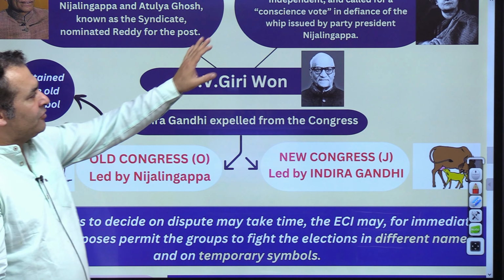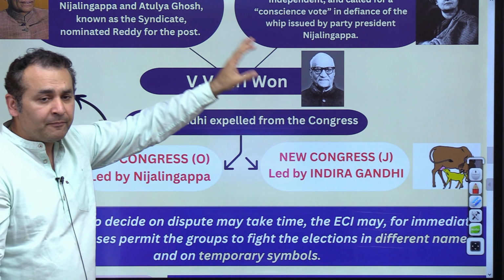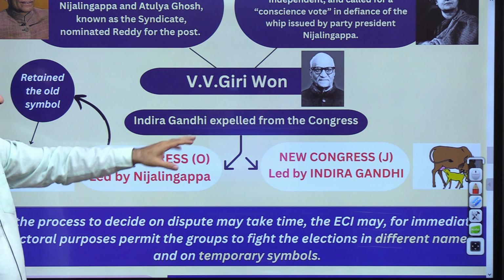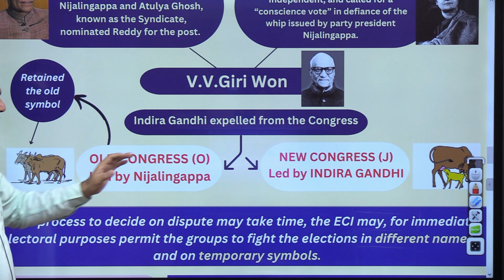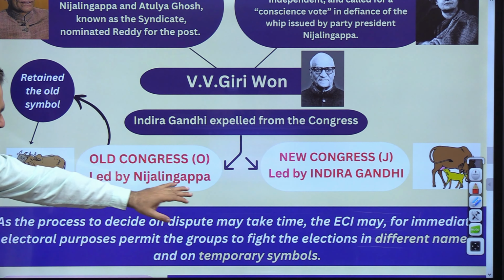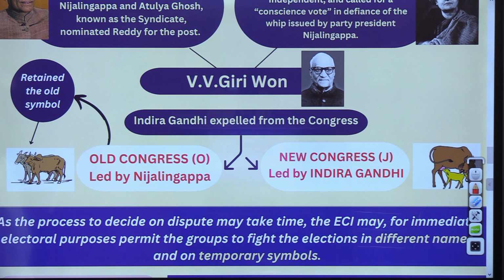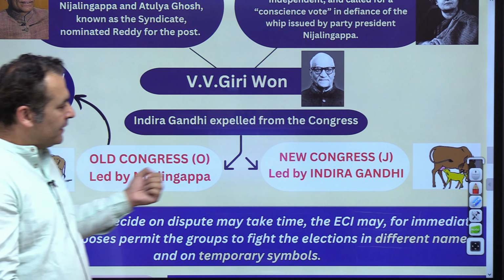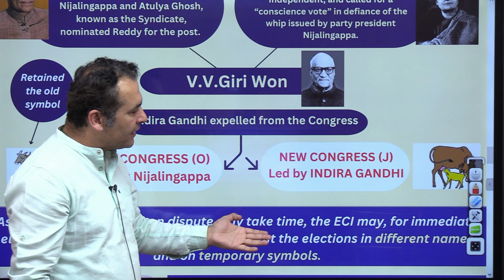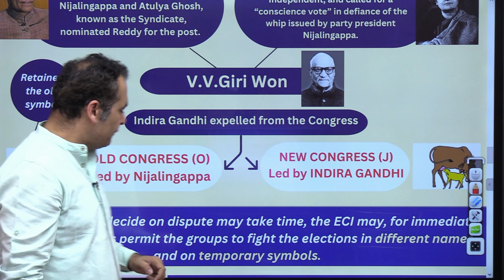So when Indira Gandhi supported some other candidate against the party whip, Indira Gandhi ji was expelled from the Congress, and the old Congress, which was called O, led by the old president, retained the old symbol, the symbol of the bull. The new Congress J, led by Indira Gandhi, got a new symbol. Fine.